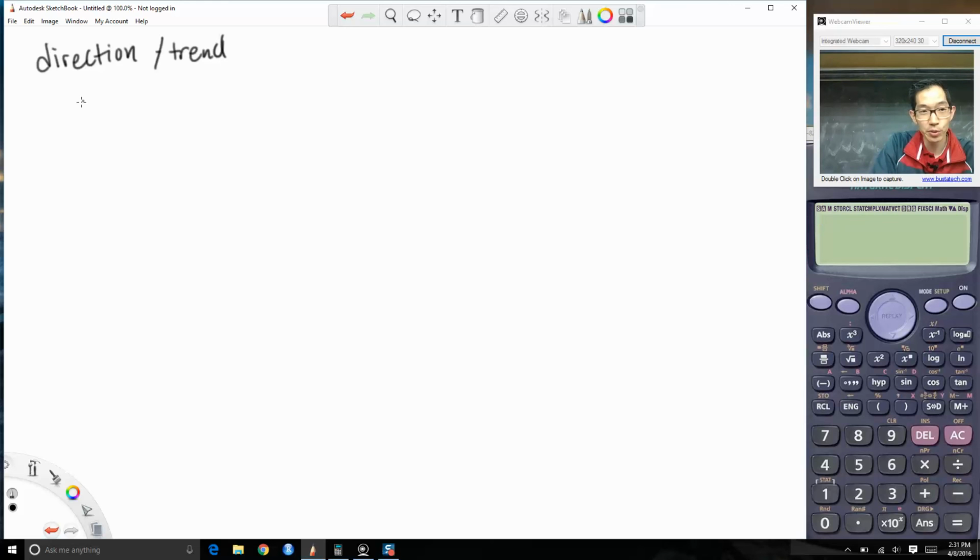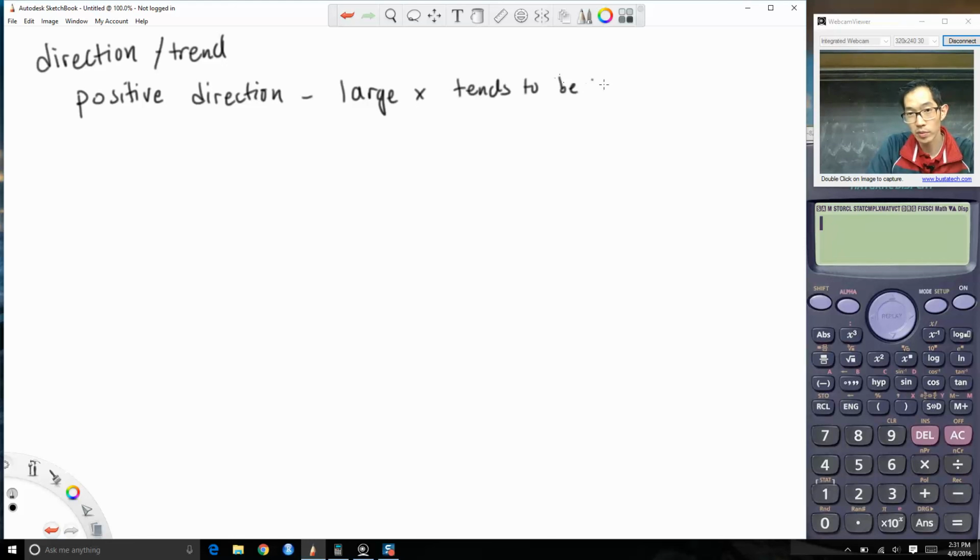If a relationship is positive, so we have positive direction, that generally means large X tends to be associated with large values of Y. So large X values tend to be associated with large Y values, okay?